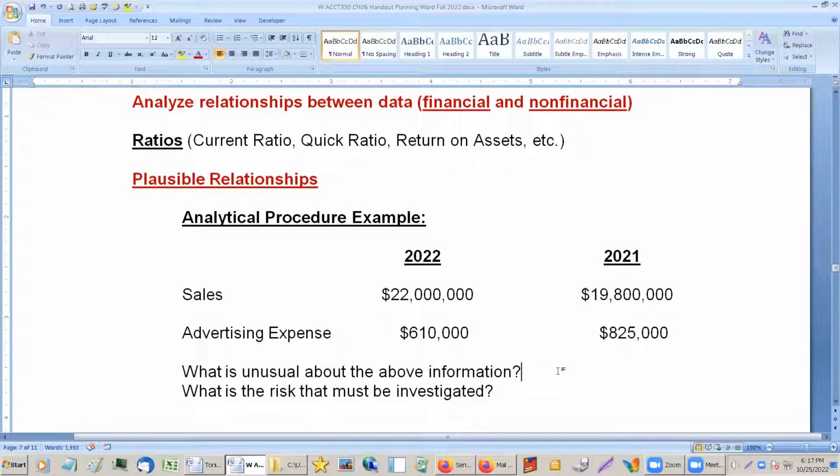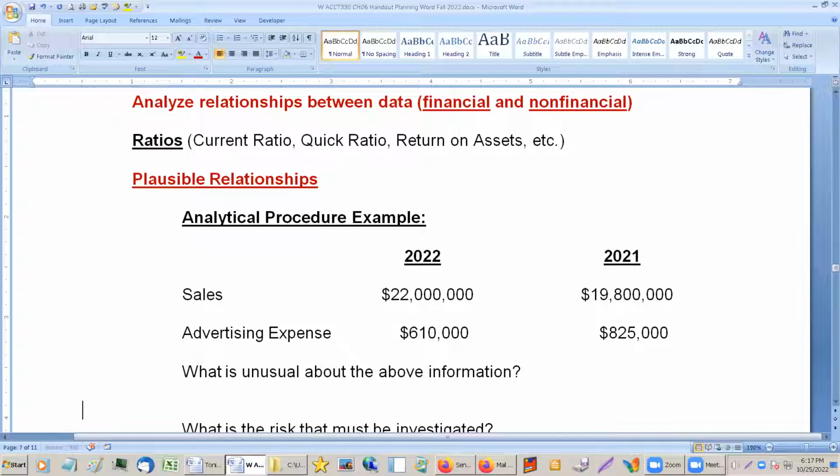Yeah. So what's unusual is that sales increase, but advertising decreases.